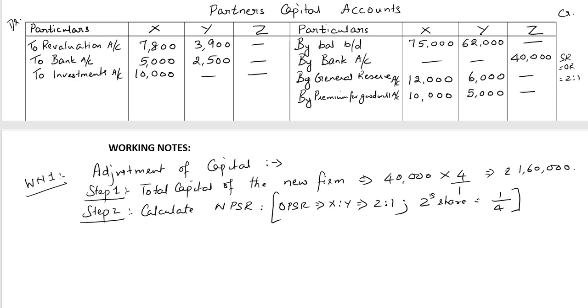There is no mention of any sacrificing ratio, etc. So the sacrifice ratio between X and Y is equal to the old ratio between them, which is 2:1.